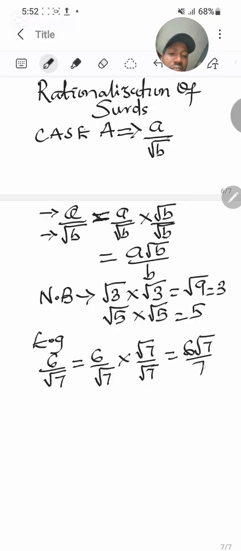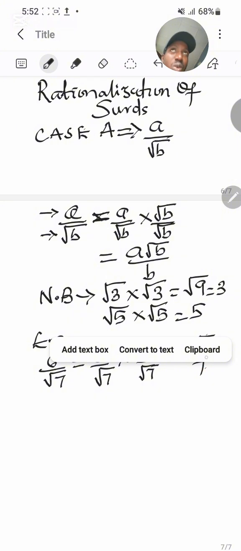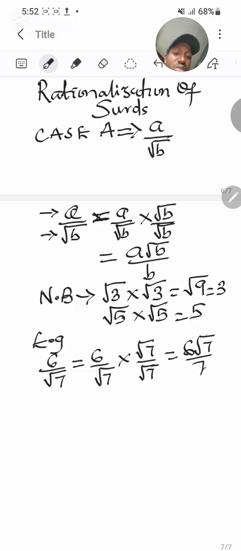Please don't forget, this 7 at the denominator cannot cancel the 7 that is inside this root. It can't cancel it because this root 7 is a surd, this 7 is a whole number. In mathematics, whole numbers deal with whole numbers. You don't combine what does not look exactly alike. So you leave this solution as 6 root 7 over 7.